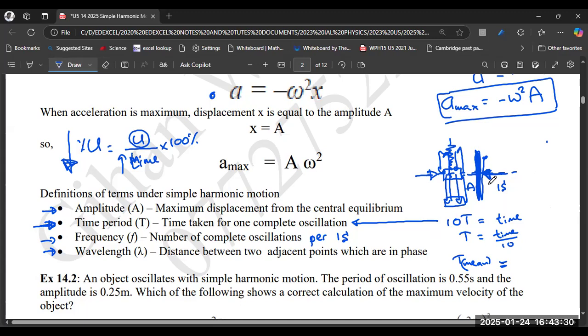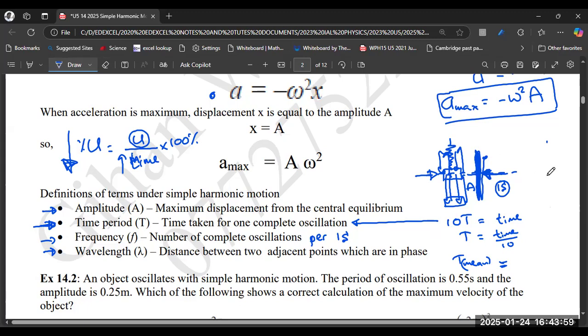So we don't measure the number of oscillations for a unit time. Why? Because in a given time, if we try to measure the number of oscillations, the object may not have completed an oscillation, so there may be random errors occurring.